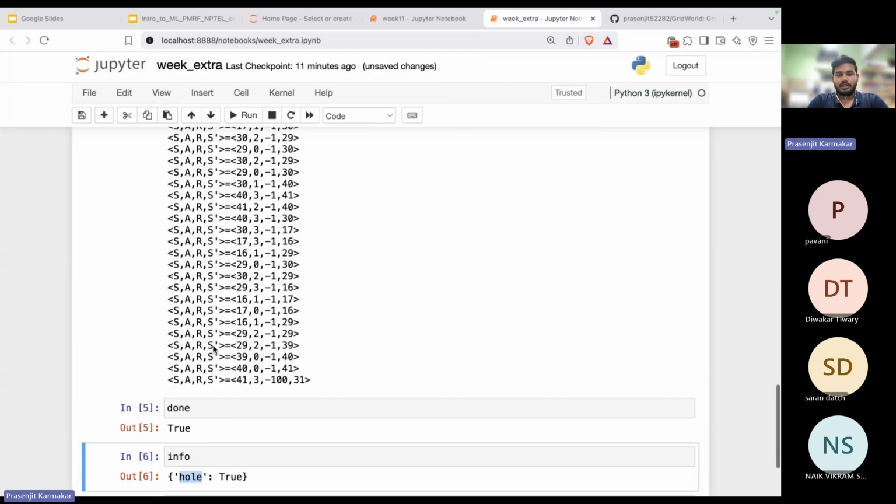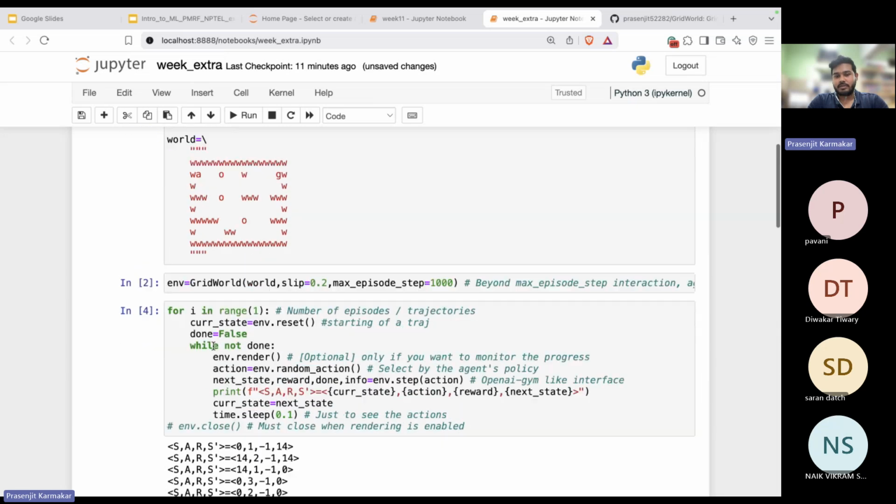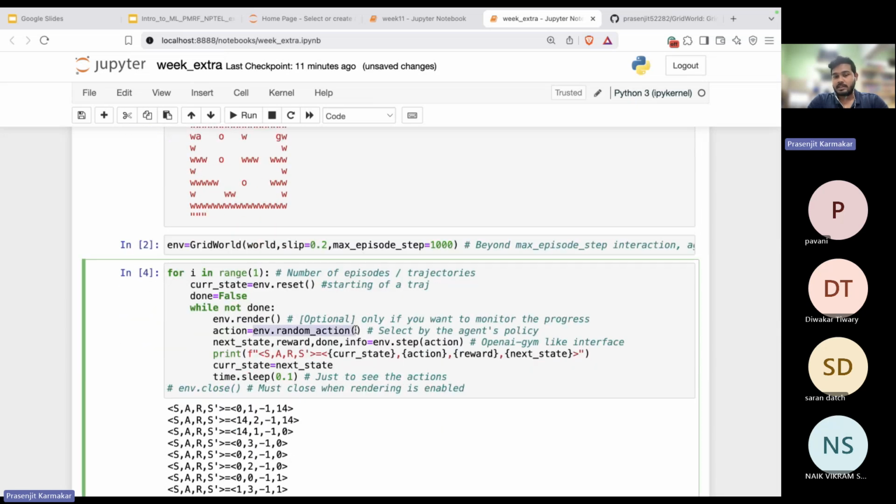Okay, so you get the idea how to sample trajectories with random environments, random actions. So where will our agent lie in this entire loop, right? The agent will lie in this action-taking stage here. So if my agent is agent, right?